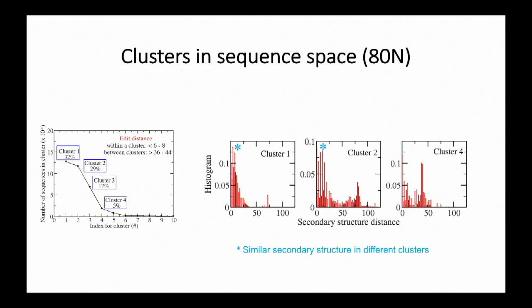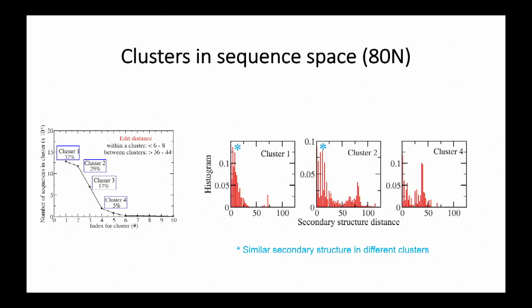If you look at those four clusters and do this measure of similarity in secondary structure, you see that they are not necessarily the same structurally. So there are two peaks, three peaks, and so there are several structures that are connected.